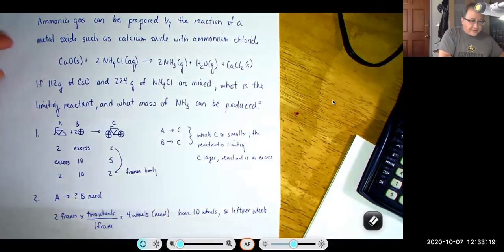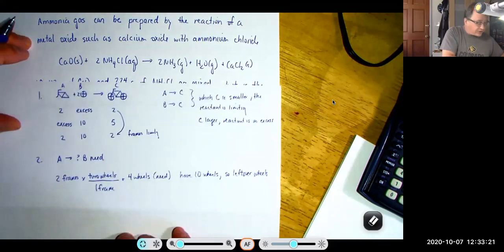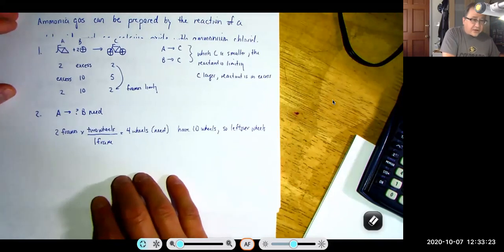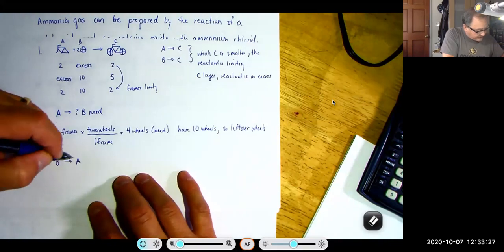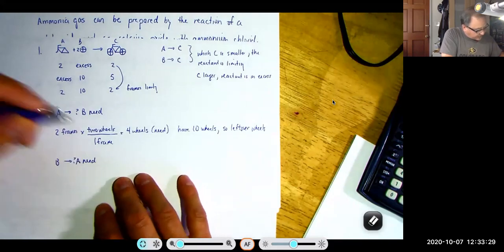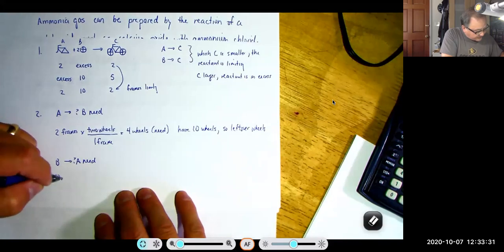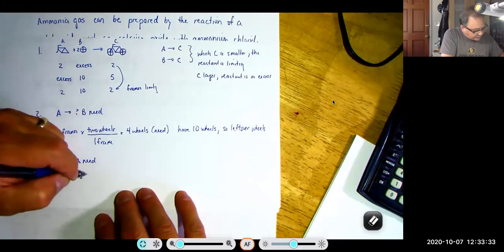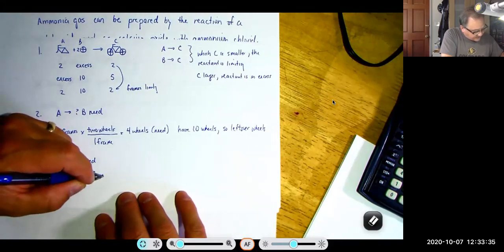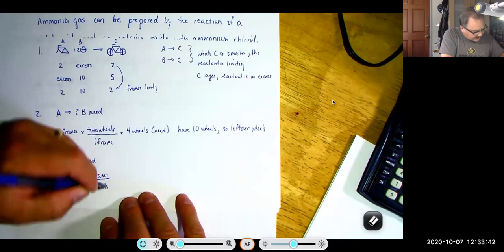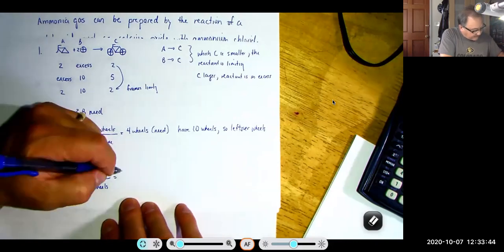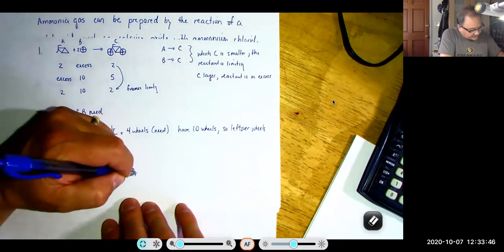Another way we could do it, which is also number 2, is instead of starting with A, we could start with B and figure out how much A we need. So we have 10 wheels times 1 frame per 2 wheels, and you get 5 frames.